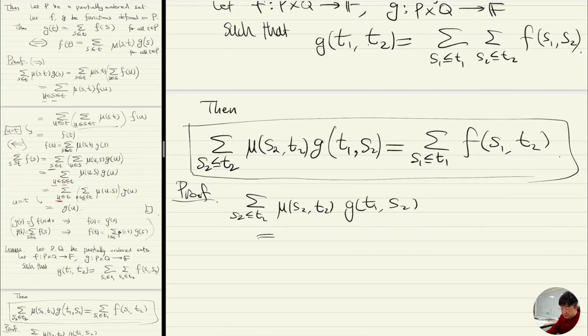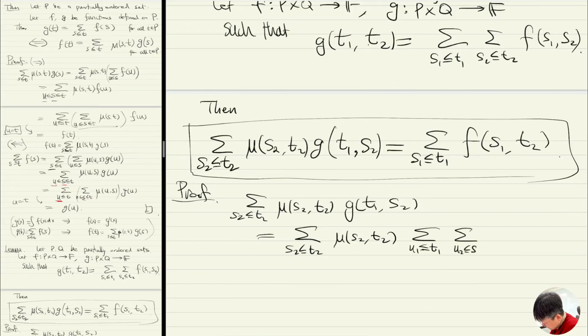By the definition of G, this is the sum over U1 less than or equal to T1, and then U2 less than or equal to S2, of f of U1, U2. All right, and now I will change the order of summations.